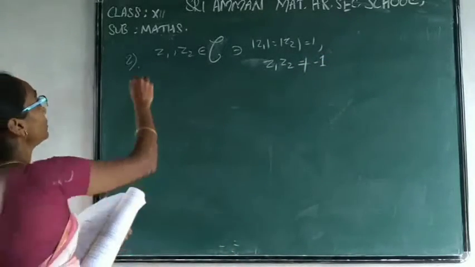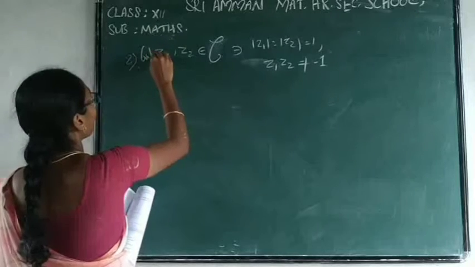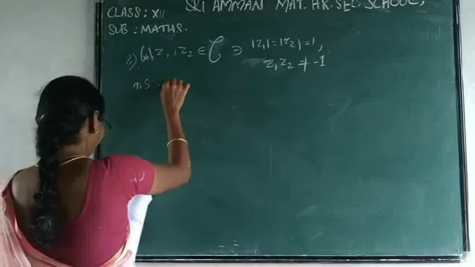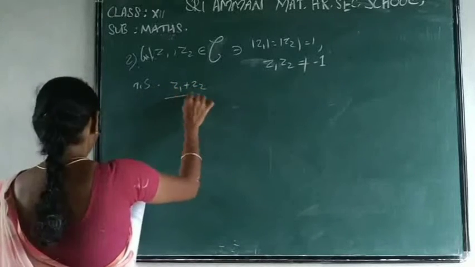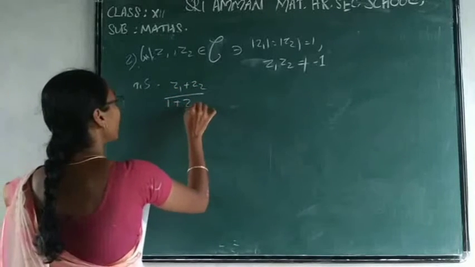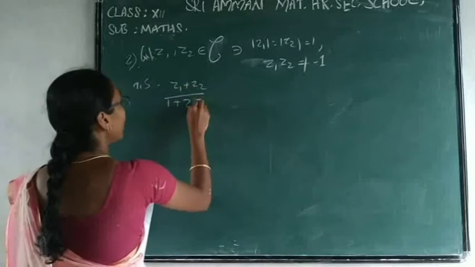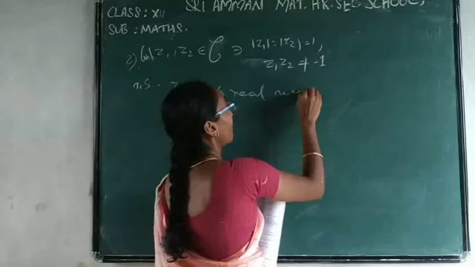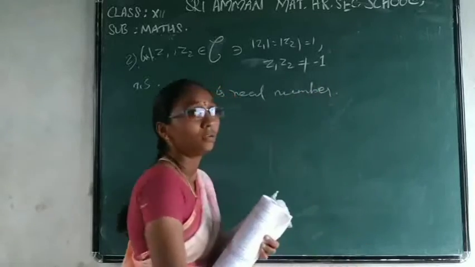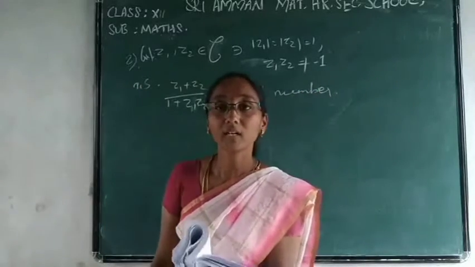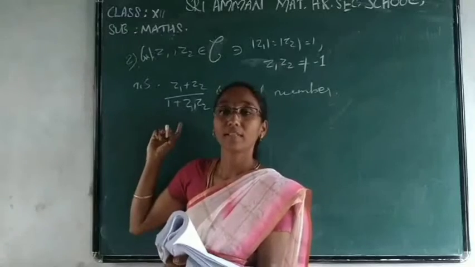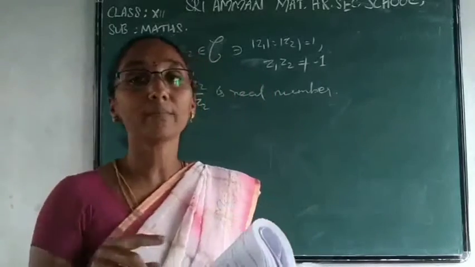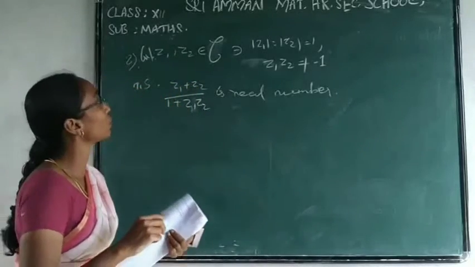This is given. To show: z1 plus z2 divided by 1 plus z1 z2 is a real number. Real number means this number has only a real part. That is what we want to prove.